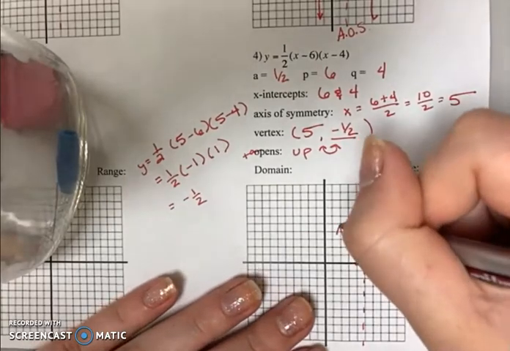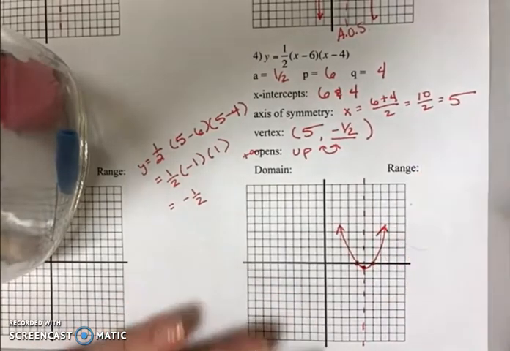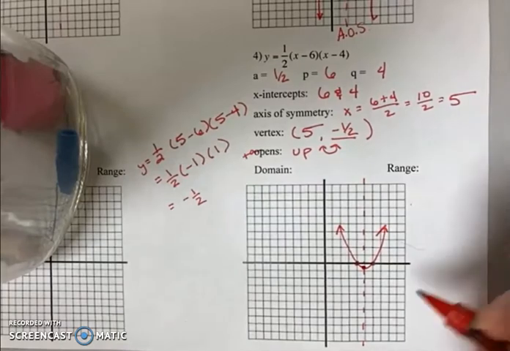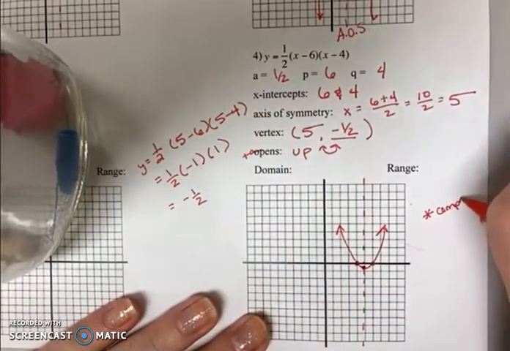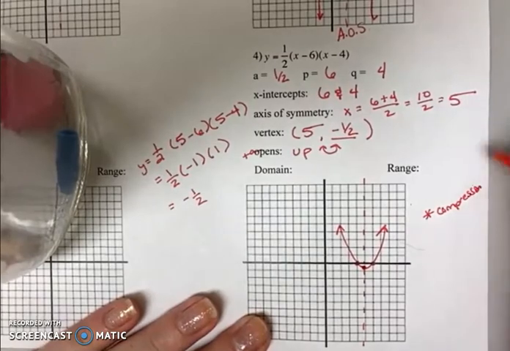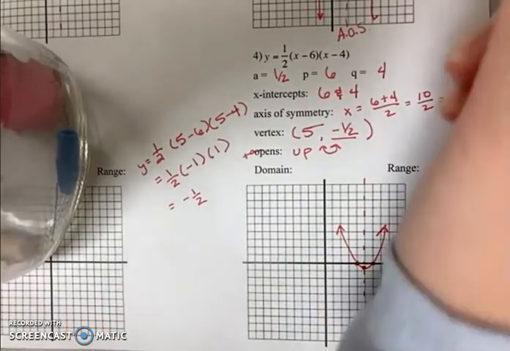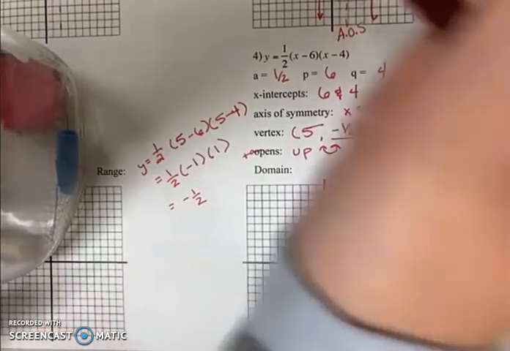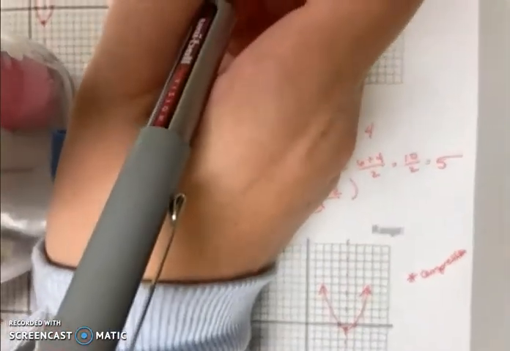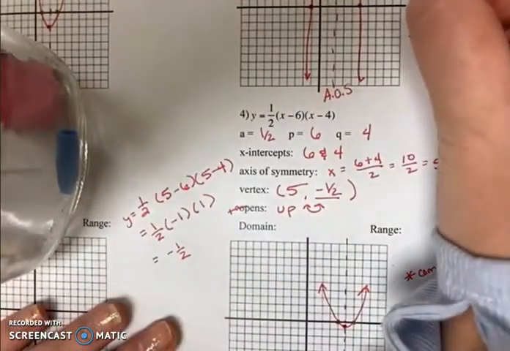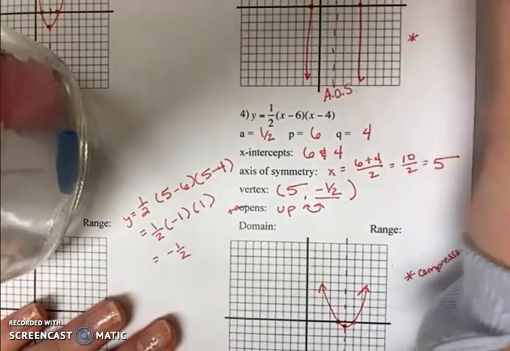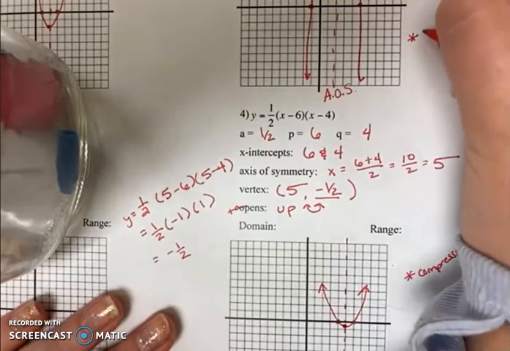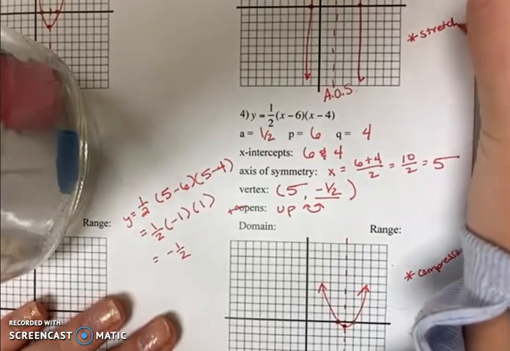It opened up to look like this. Just a side note, because a was 1/2, we also had a compression. And I don't know if you noticed it or not, but for number 2, because the a value was 3, we had a stretch.